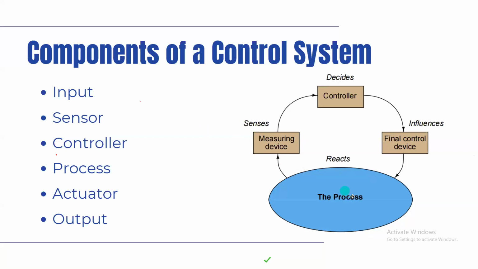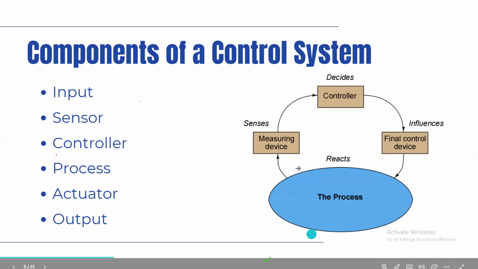So for you to sense something in the process, you need a measurement device. And that measurement device is taking readings from the field and is sending them to your controller.